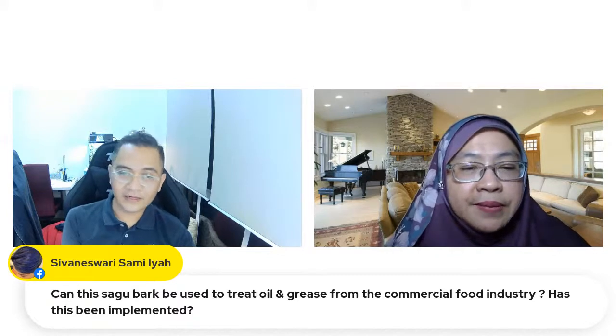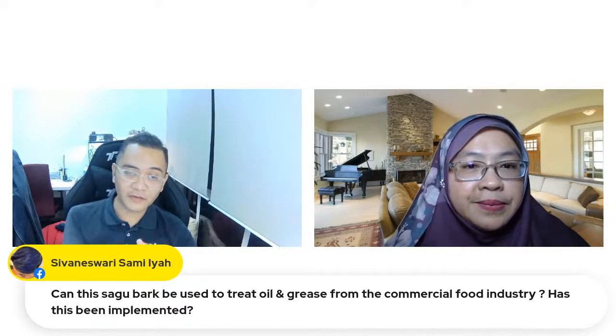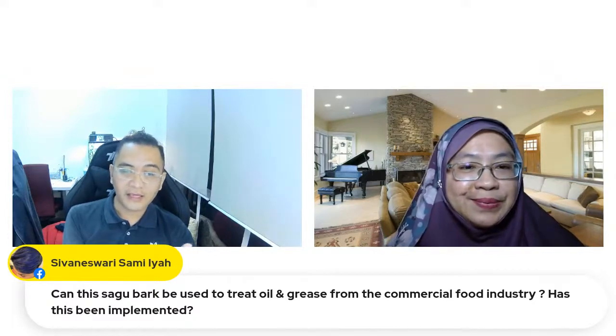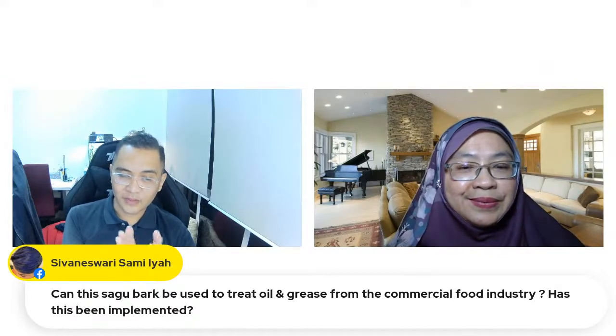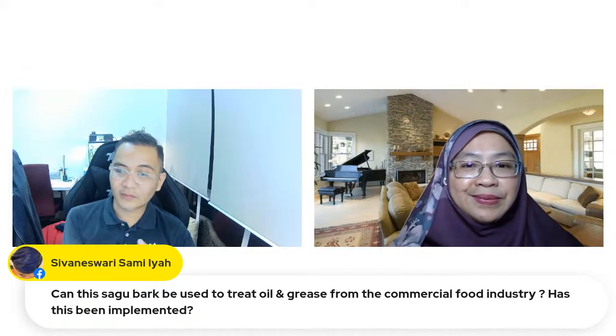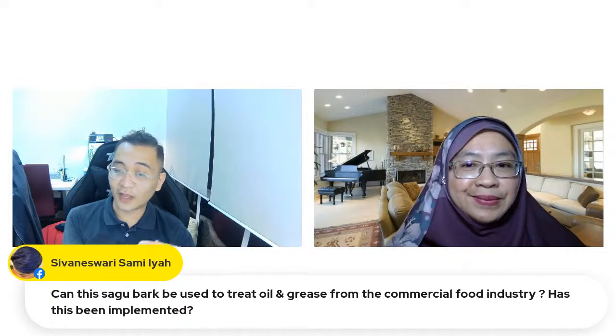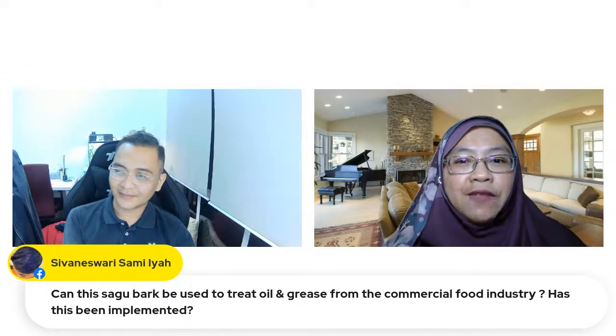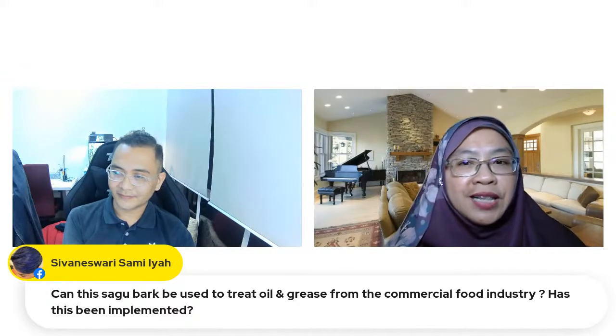Okay, understood. We have another question from a Facebook user, Siva. Can this sago bark be used to treat oil and grease from the commercial food industry, or have you tried it before? Has it been implemented? Actually, we have tried it using cooking oil.